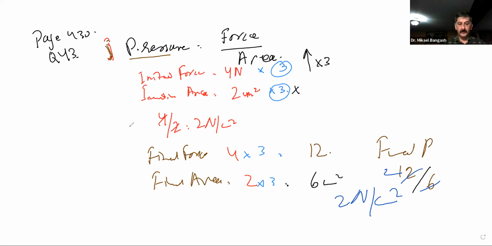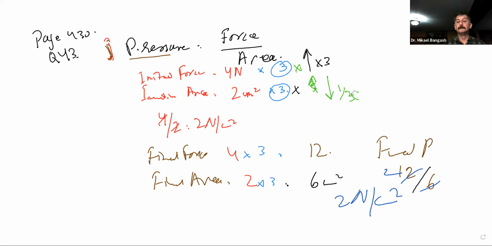Had it only been the area that had increased 3 times, then the force would have reduced to 1/3. No, sorry, the pressure would have reduced to 1/3. Clear?